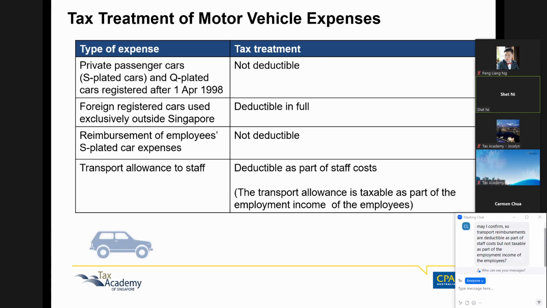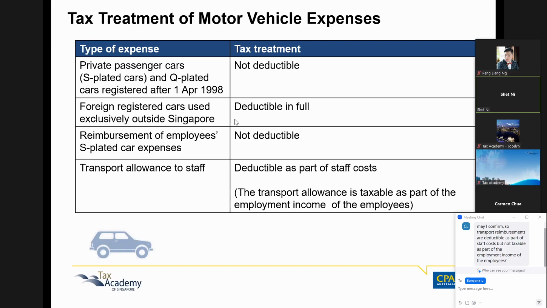Even though the employee may be driving a private car. But for the reimbursement of employees' estate car expenses, reimbursement meaning it's really how much you spend, I reimburse you on that amount. In this case, the reimbursement part is not deductible.